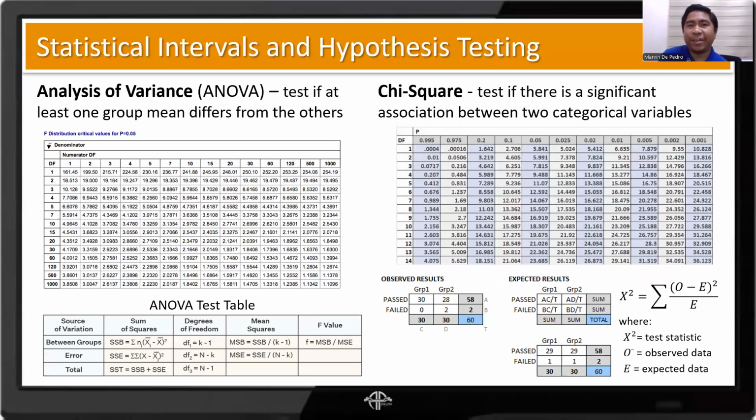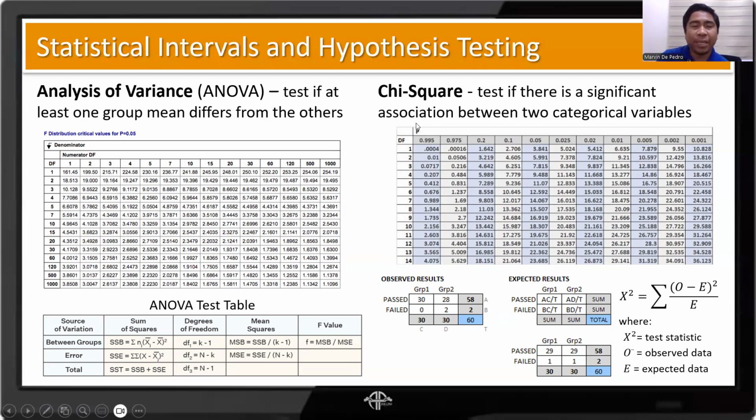Lastly, we have the ANOVA and the chi-square. ANOVA tests if at least one group mean differs from the others. Those others could be two or more. When we perform ANOVA, we have the F distribution table.